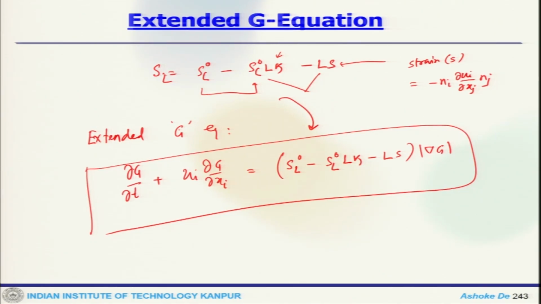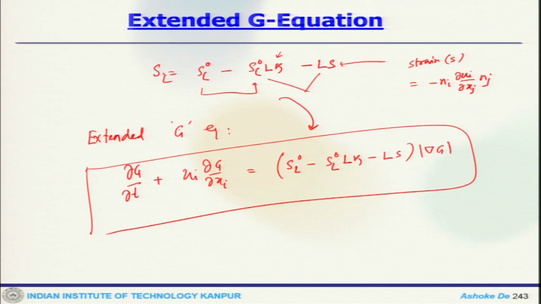So slowly, if you see, we start with a simple expression for SL, then we incorporate the effect of curvature and strain and all these, and then slowly it goes to a more realistic situation where due to turbulence you will have all this effect.